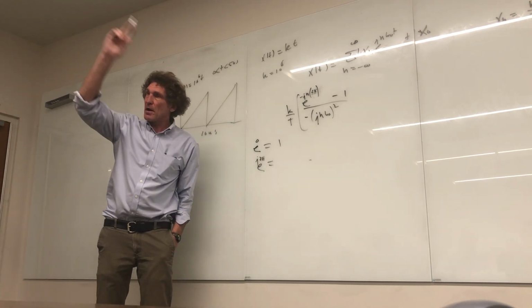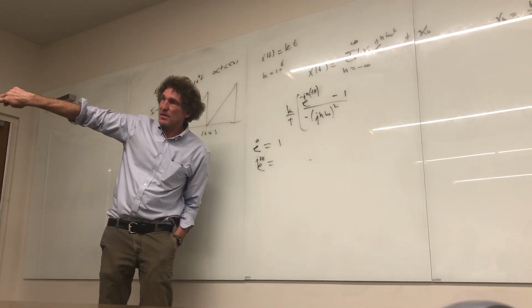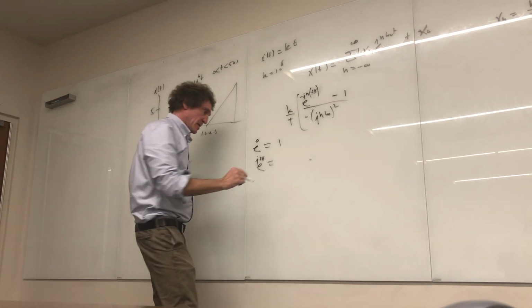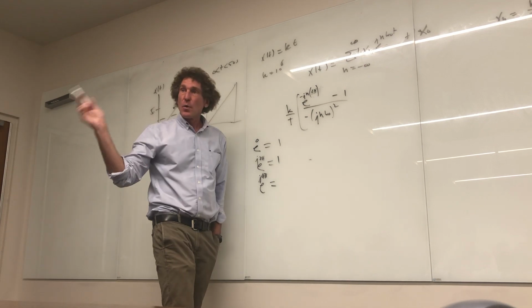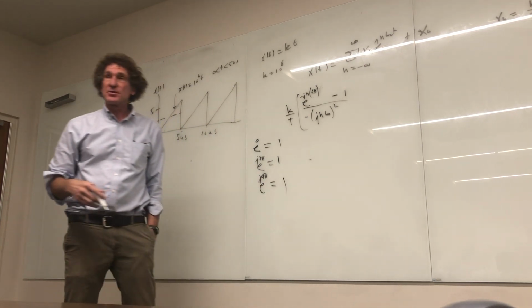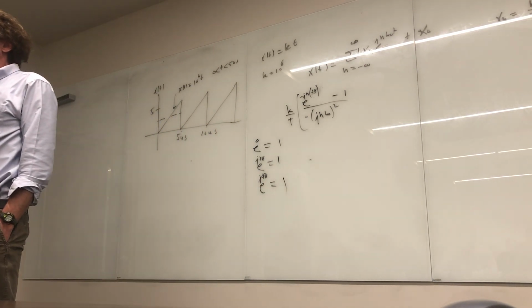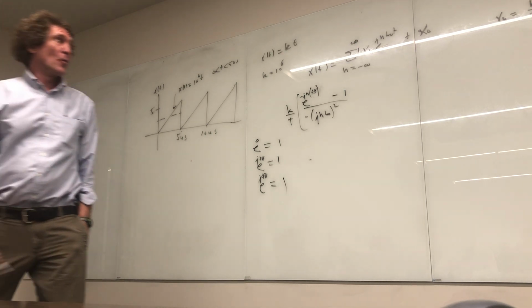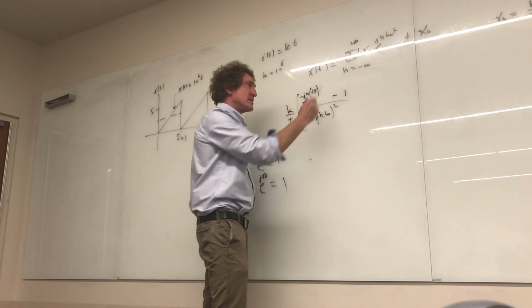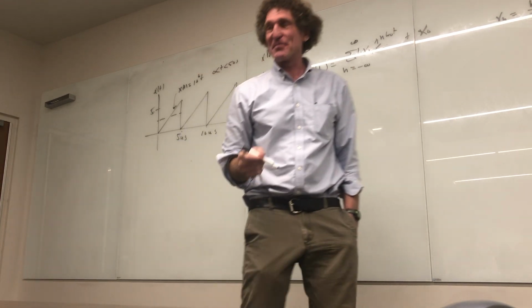Go all the way around, you're back to where you started, right? 1. What is e to the j 4 pi equal to? 1. What is e to the j 2 pi times n equal to for any integer value? Class? 1. What is 1 minus 1? 0. That's the point I was trying to make.